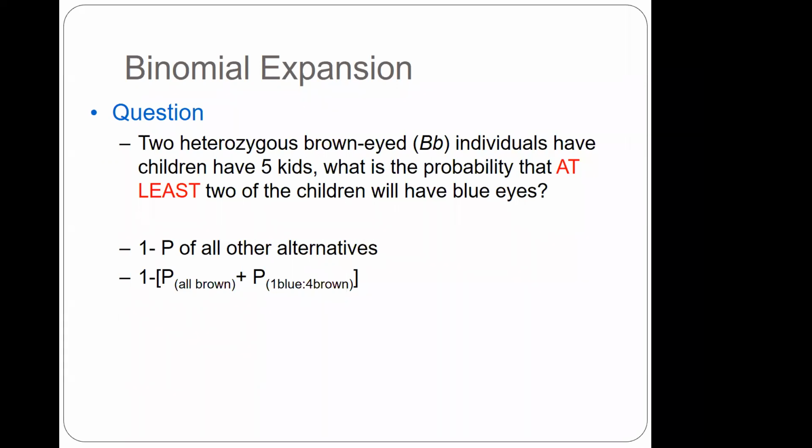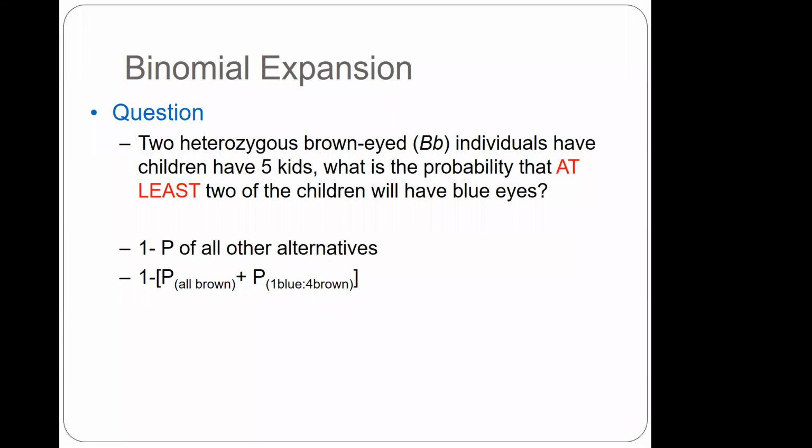So this is the number of blue eyes. They might have one. Does that meet the criteria or not meet the criteria? No. We'll put it. 2 kids have blue eyes. Does that meet the criteria of the question? 3 kids have blue eyes. Does that fit? Oh yeah. 4 kids?